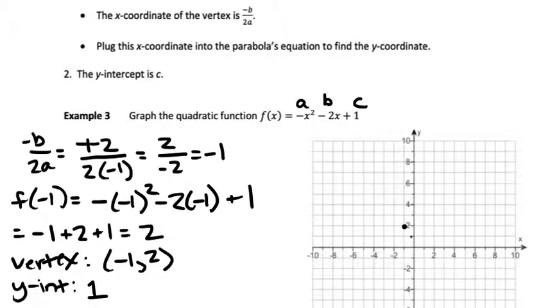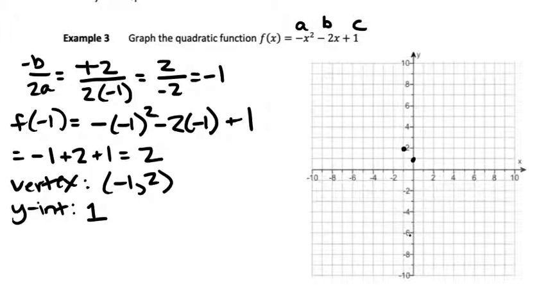So it crosses the y-axis at 1, which is right here. Now this parabola is going to open downward because a is negative 1, so a is negative. So I'm going to draw in the shape here as best I can. And it's going to look something like that.